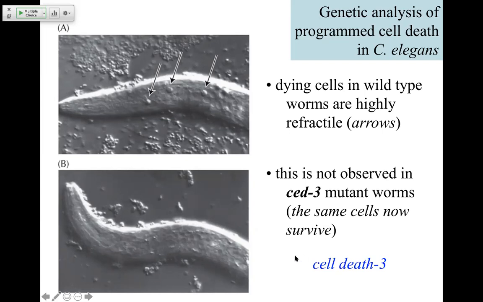And so they generated and screened for and found a number of cell death mutants, which they could then, using reverse genetics, determine what is the protein that's responsible for the normal process, right? What are these cell death genes?